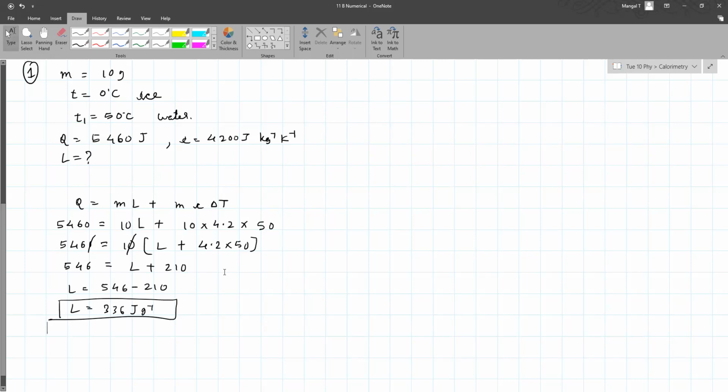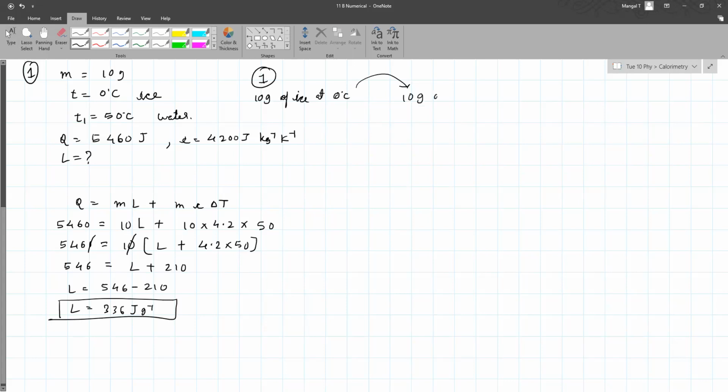Right. So can you just explain once again why do we take mL plus mc delta t? Because the first thing that we have is 10 grams of ice at 0 degree Celsius.